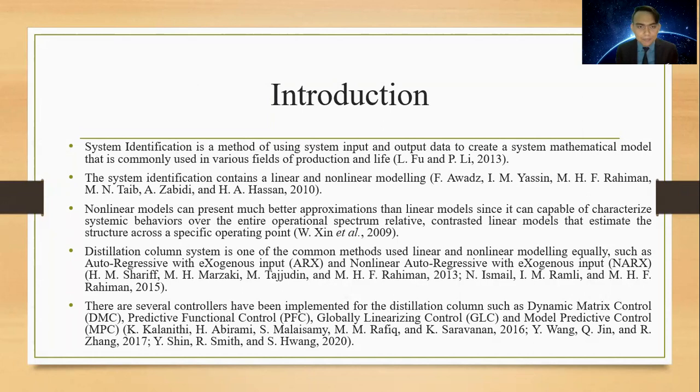Nonlinear models can present a much better approximation than linear models, since they are capable of characterizing system behavior over the entire operational spectrum, in contrast to linear models that estimate the structure around a specific operating point. The distillation column system is one of the common systems that use linear and nonlinear modeling, such as autoregressive with exogenous input (ARX) and nonlinear autoregressive with exogenous input (NARX).